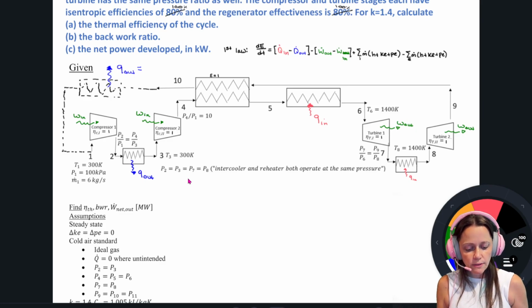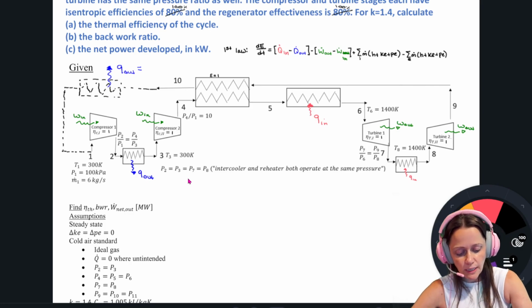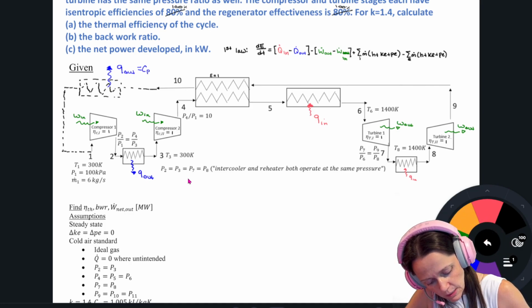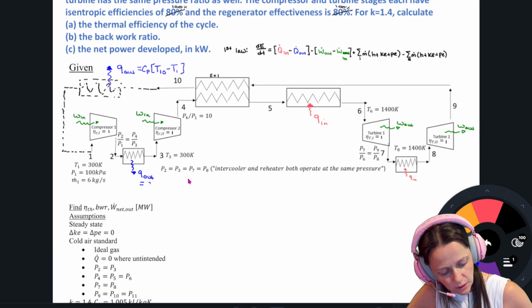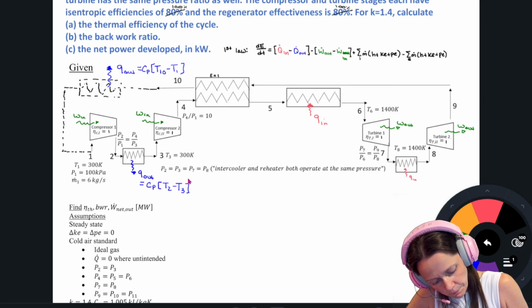So the Q out is going to be a Cp delta T, right? It's delta h or Cp delta T, and this becomes Cp, by my first law, T10 minus T1. This Q out by my first law becomes Cp, T2 minus T3. Work in.